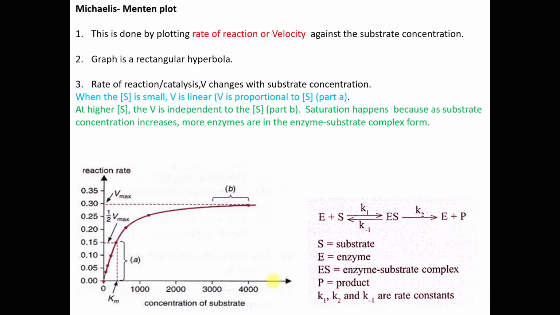Okay, enzyme itu jadi tepu dengan substrate. Semua active site pada enzyme telah penuh, telah penuh bind dengan substrate. Padahal ada banyak lagi substrate. Substrate concentration terlampau tinggi. Okay, that's why we get this curve here.